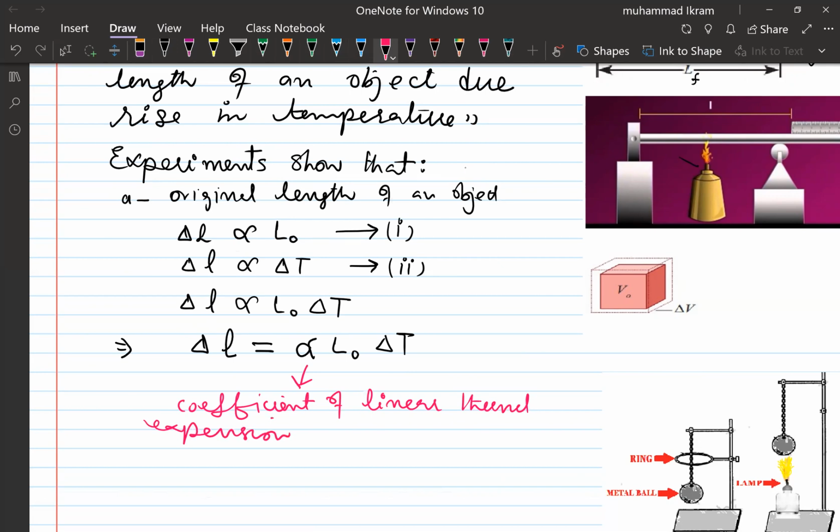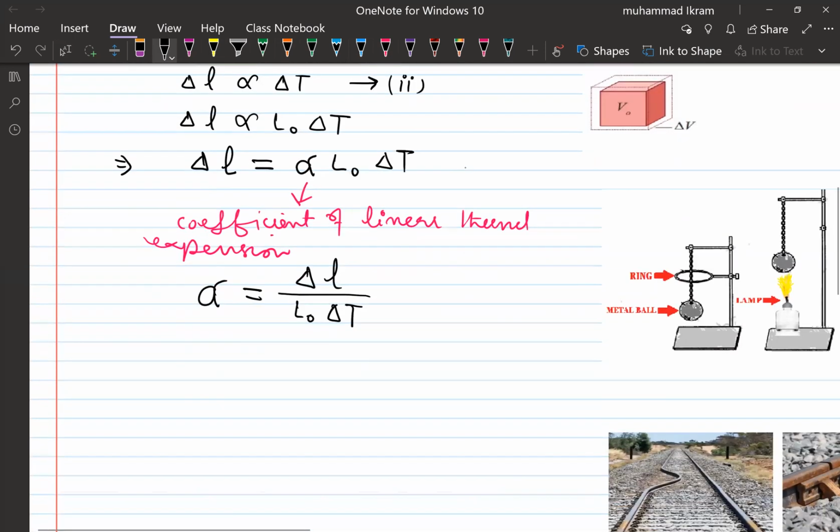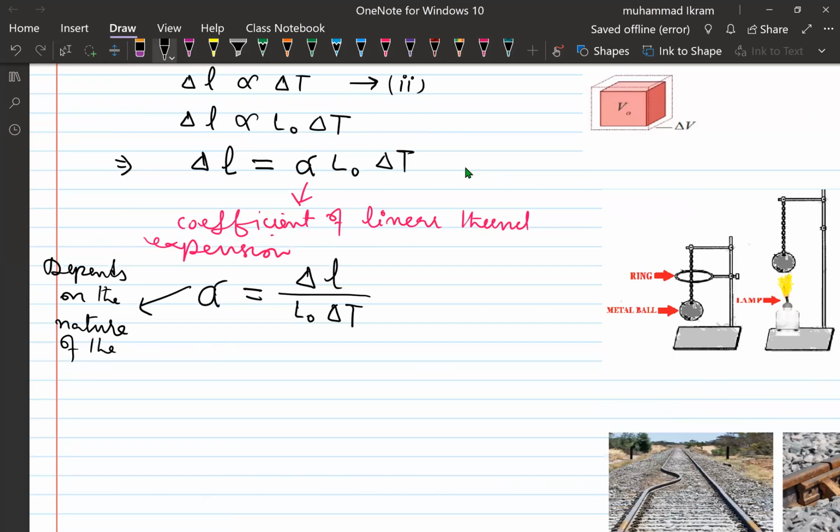And this coefficient of linear thermal expansion can be written as alpha equals delta L divided by L naught into delta T. Now, this purely depends on the nature of the substance.